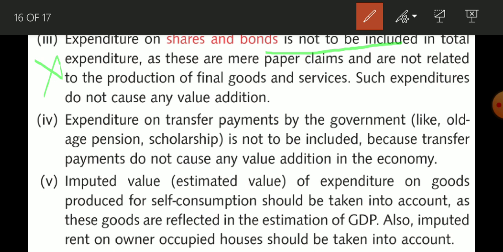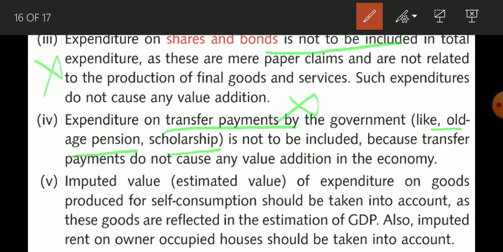Because of shares and bonds there is only a shift of ownership, not any increase of goods and services in the economy. Next is transfer income. Transfer income is also not included, like old age pension, scholarship, your pocket money. These are not included in the estimation of national income, because there is no increase in the production of goods and services. The reason is the same.